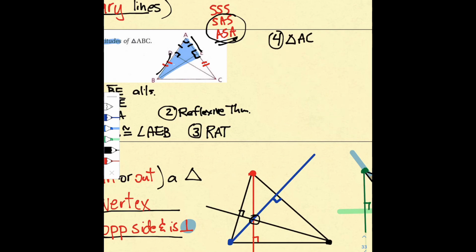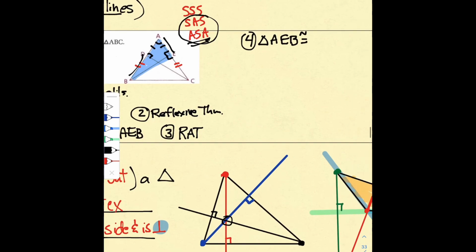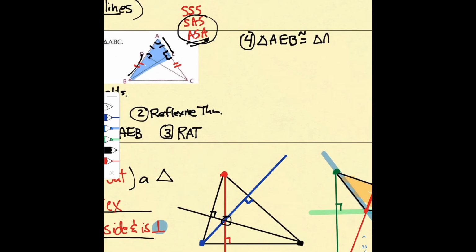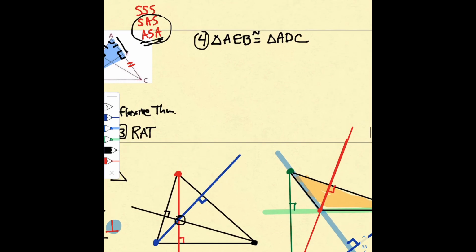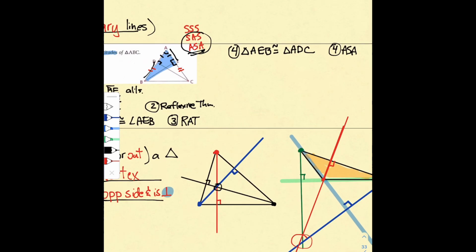Triangle AEB is congruent to ADC. Got to be careful how we name them, but order-wise. And again, this is reason ASA. Okay, line 5. By CPCTC, we now know that AB is congruent to AC.